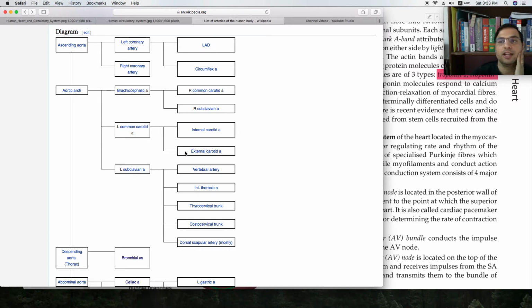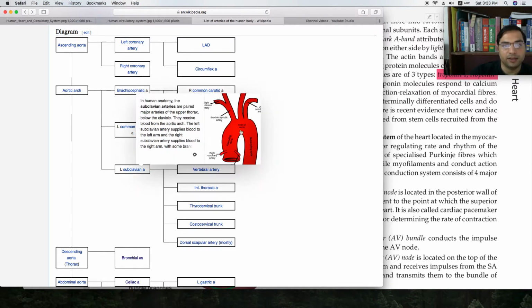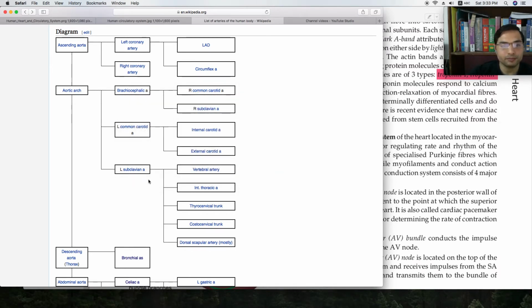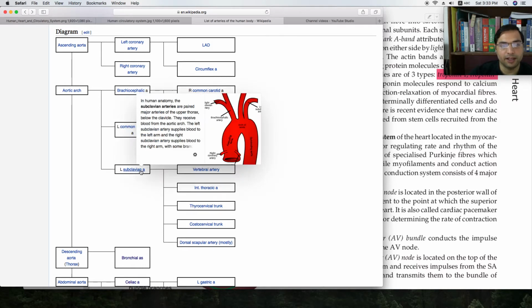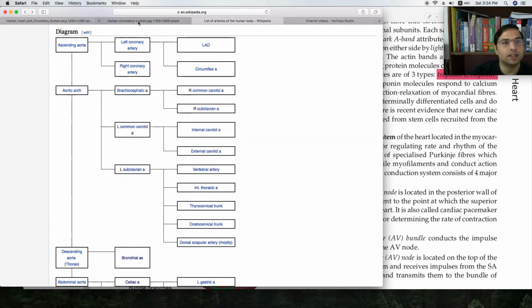Whereas this subclavian artery gives off its branch as vertebral artery, and this vertebral artery also goes into the brain. So brain receives two arteries, one is vertebral artery and second is carotid artery, right? This left subclavian artery, right, this left subclavian artery goes into the hand.